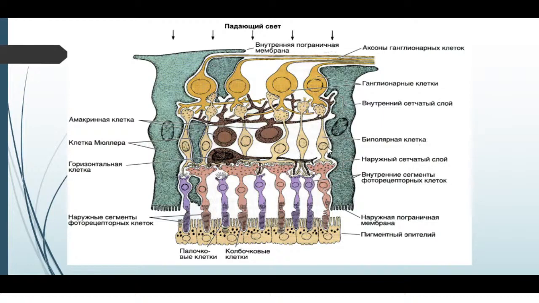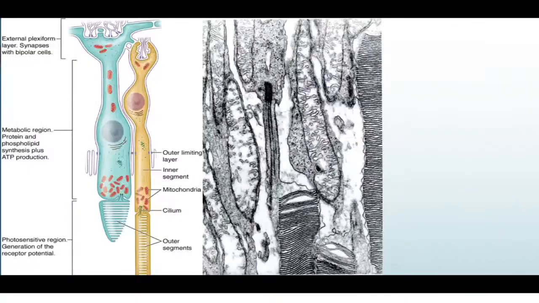In the inner plexiform layer, bipolar cells and amacrine cells are present. We have also seen the plexiform layer and inner nuclear layer, and the ganglion cell layer with very large nuclei. And the last is the axons of ganglion cells. This is the nerve fiber layer.